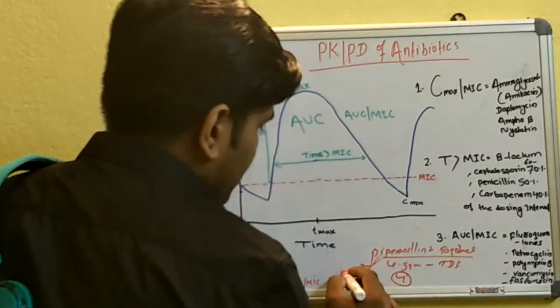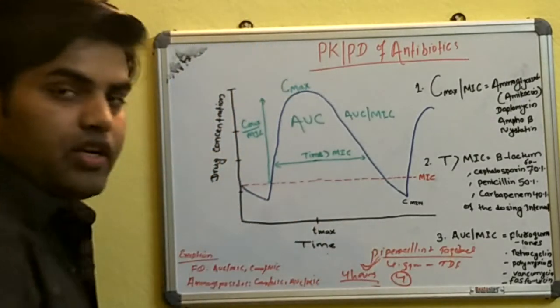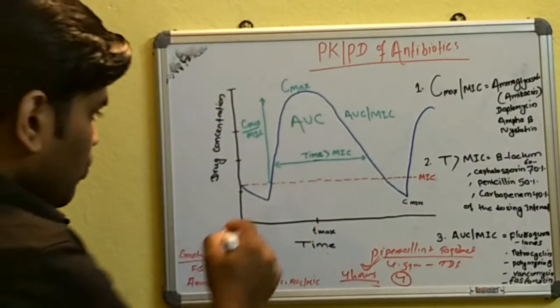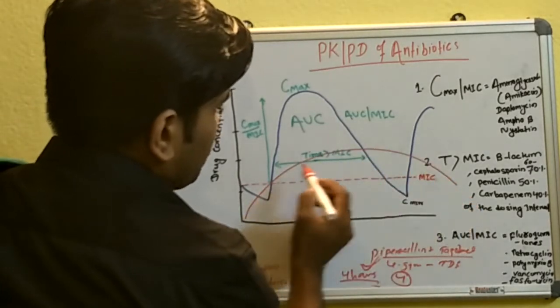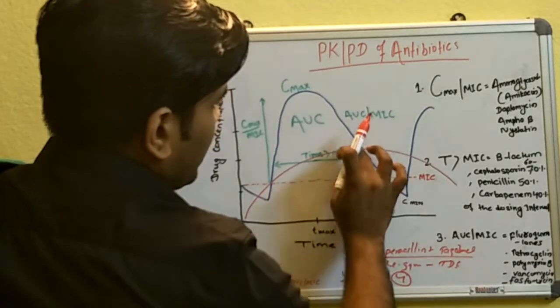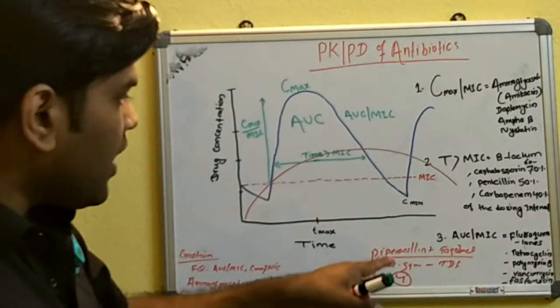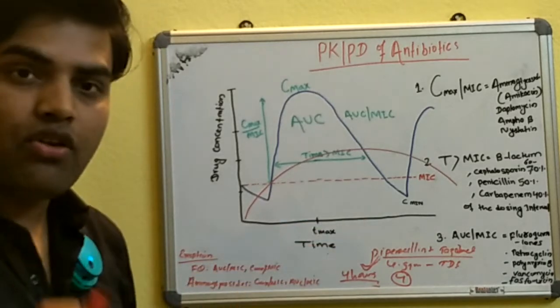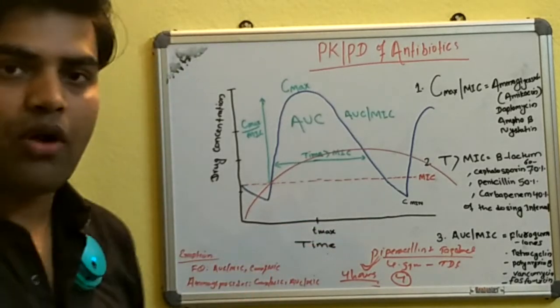You give this piperacillin tazobactam as infusion over 4 hours. During the infusion there will be a curve, so the antibiotic is above the MIC for the maximum period of time. After this, there was a lot of clinical and microbiological improvement, a lot of clinical outcome.